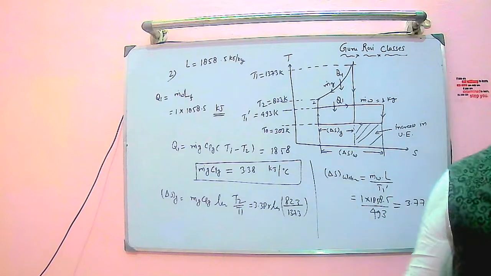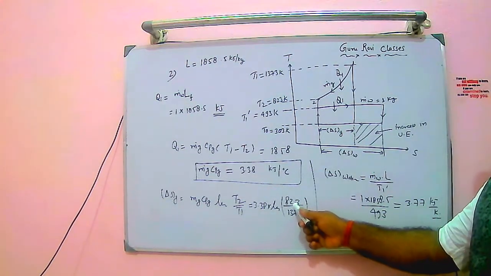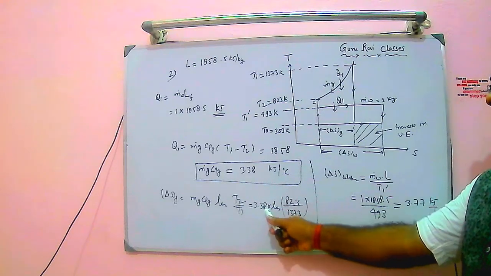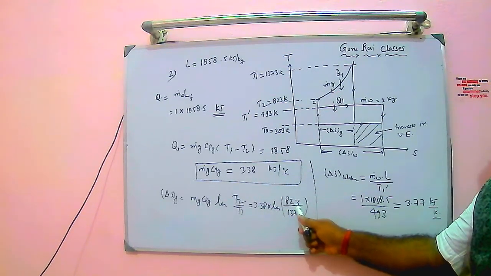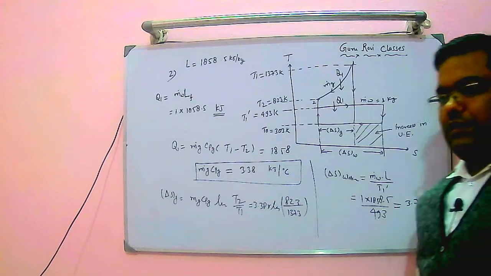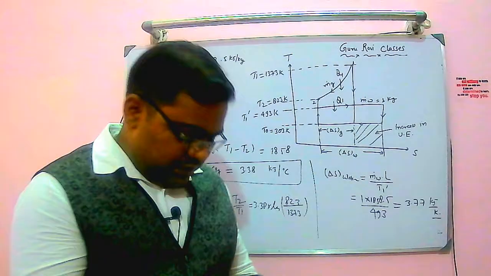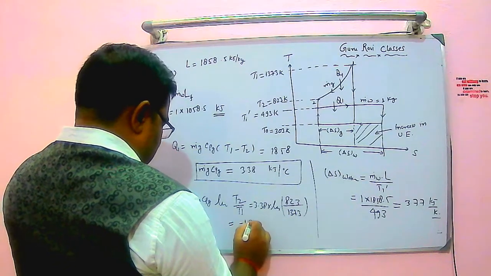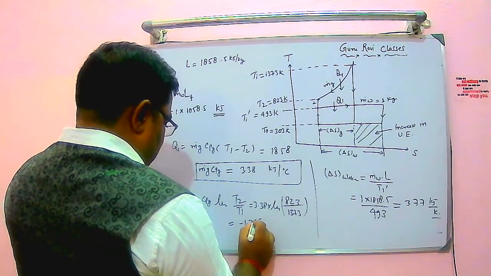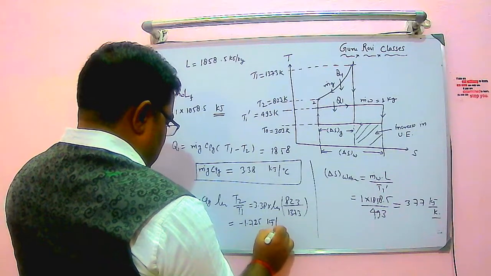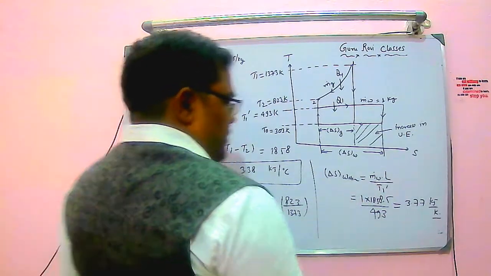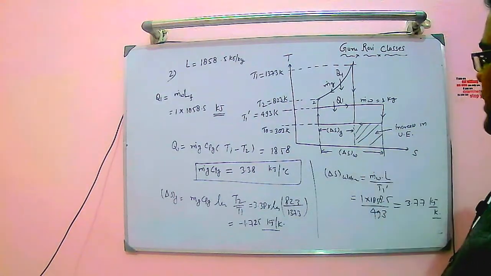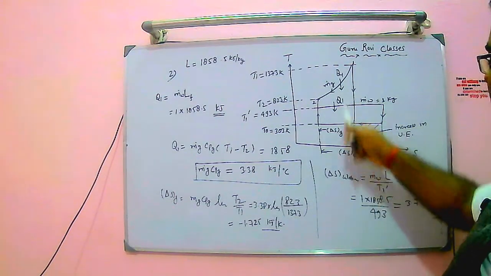It will come out negative because heat is getting rejected from the gas. This value is coming around minus 1.725 kilojoule per Kelvin. Nothing is going to the surroundings; we are not rejecting anything out of the cycle.